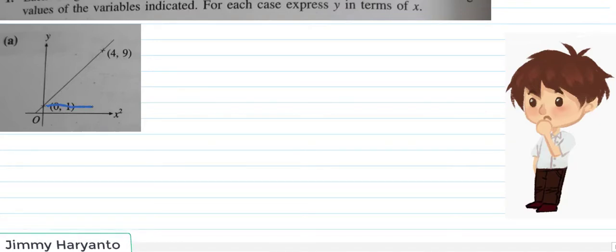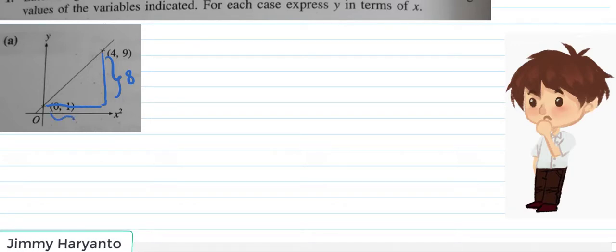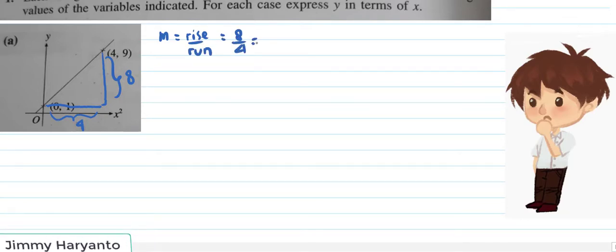The slope is rise over run. The rise will be 8, from 1 till 9, and then the run will be 4, from 0 to 4. So the gradient equals rise over run, which is 8 over 4 equals 2.